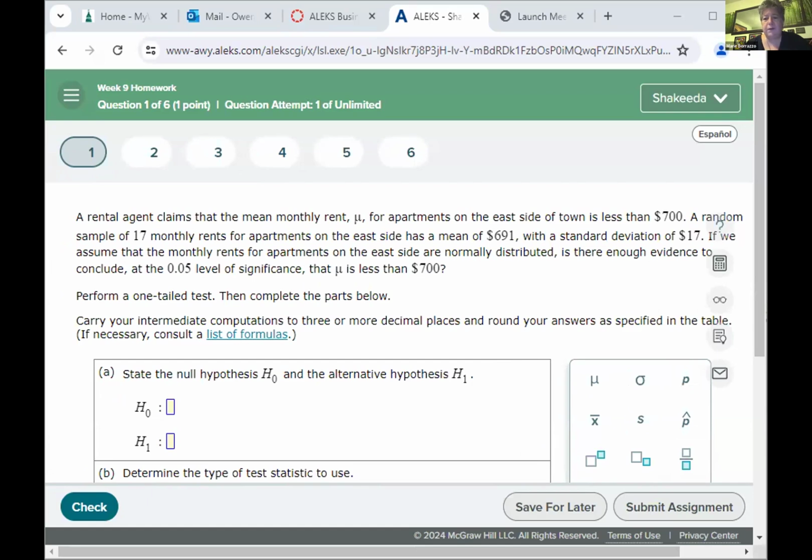The sample standard deviation is 17. We're looking at an alpha of 0.05. Hold on, I think I missed something. We have the mean as what? 700, not the sample mean. The sample mean is 691. Oh, 691. The mean is 700. The sample standard deviation is 17. That's where it was.